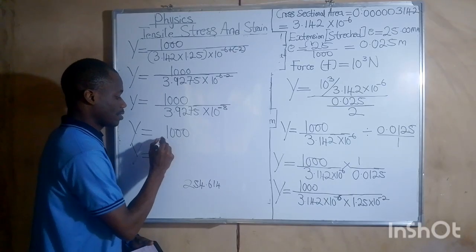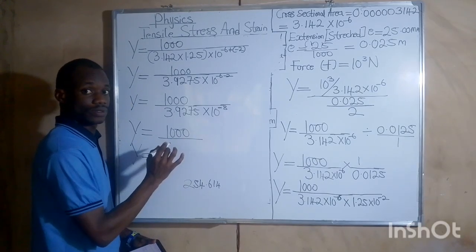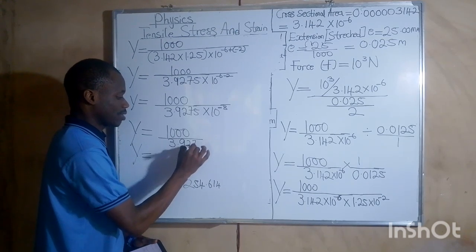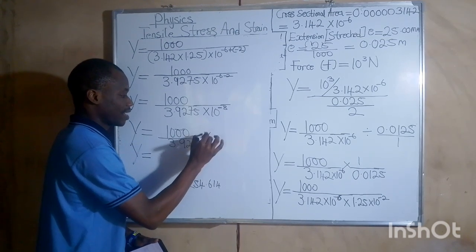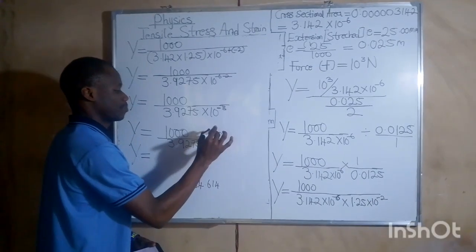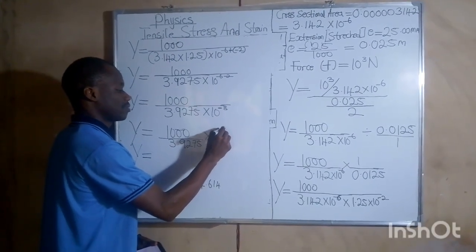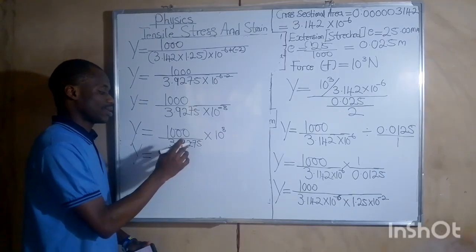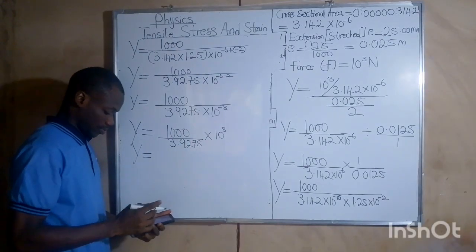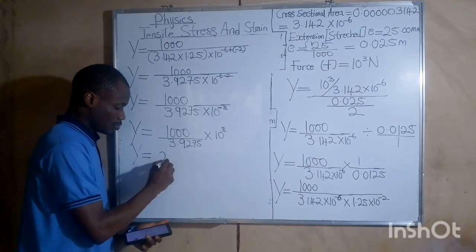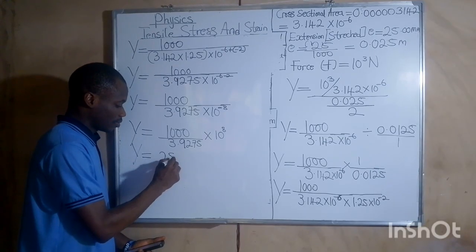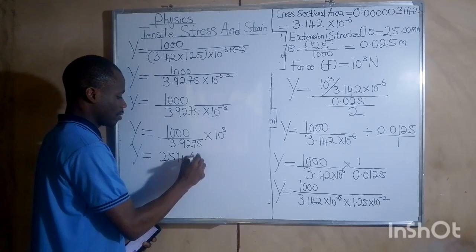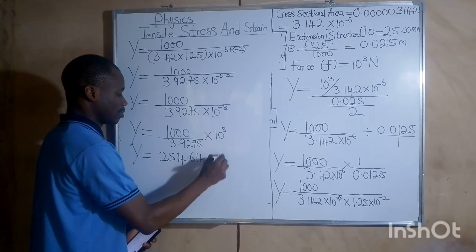So 1000 all over 3.9275 times 10 raised to power positive 8. So 1000 divided by 3.9275 is 254.614 times 10 raised to power 8.